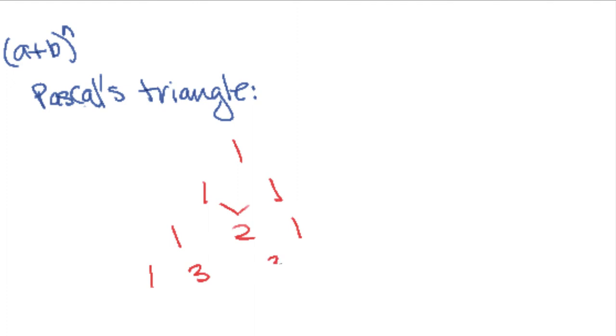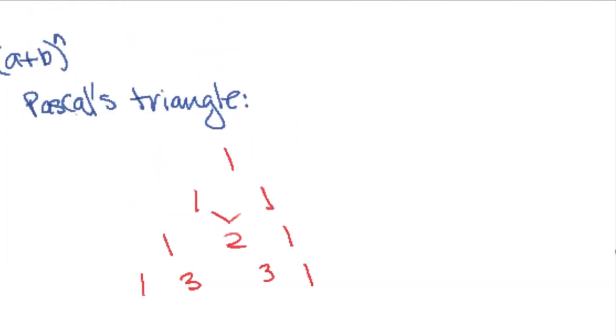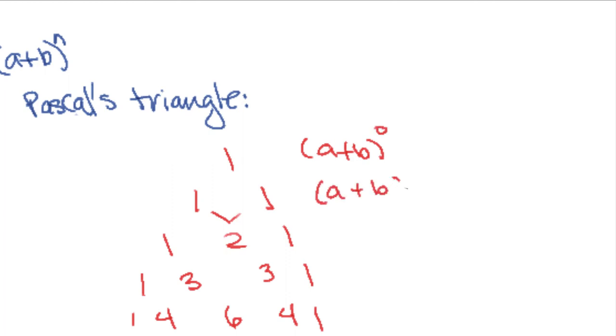And what you're doing is you're finding the coefficients for the different terms that you'd be multiplying out. 3 plus 1 is 4, 3 plus 3 is 6, and 3 plus 1 is 4, and 1. So this would be the coefficient if it's to the 0, if it's to the 1, here if it's squared.